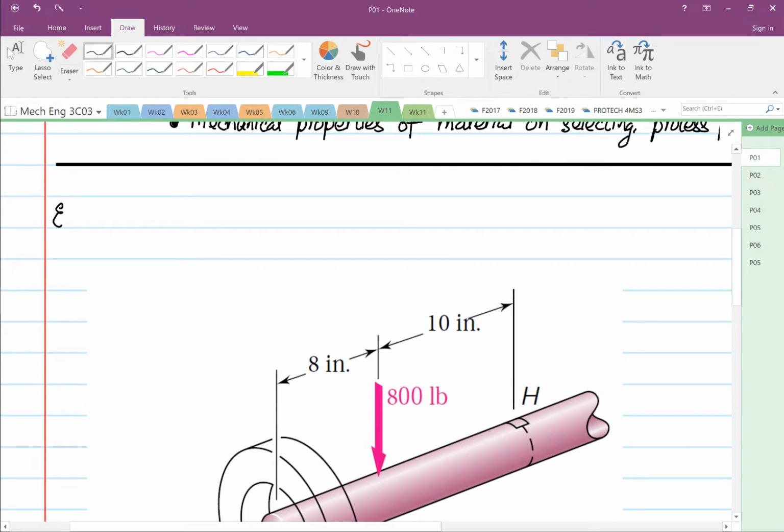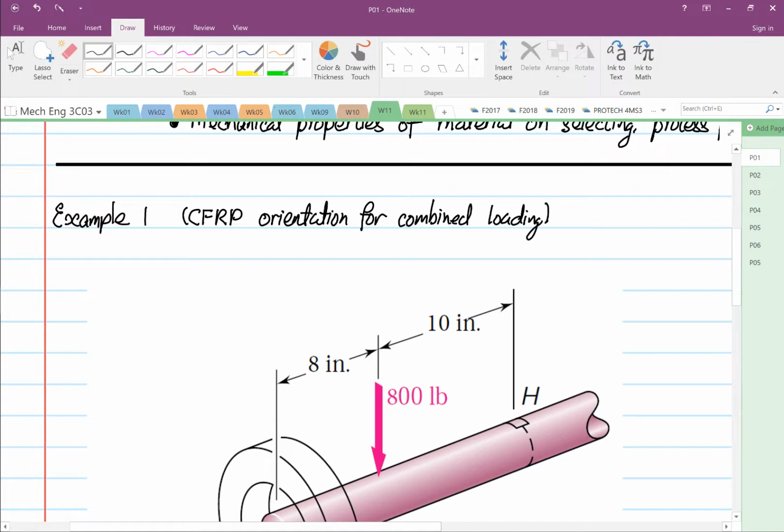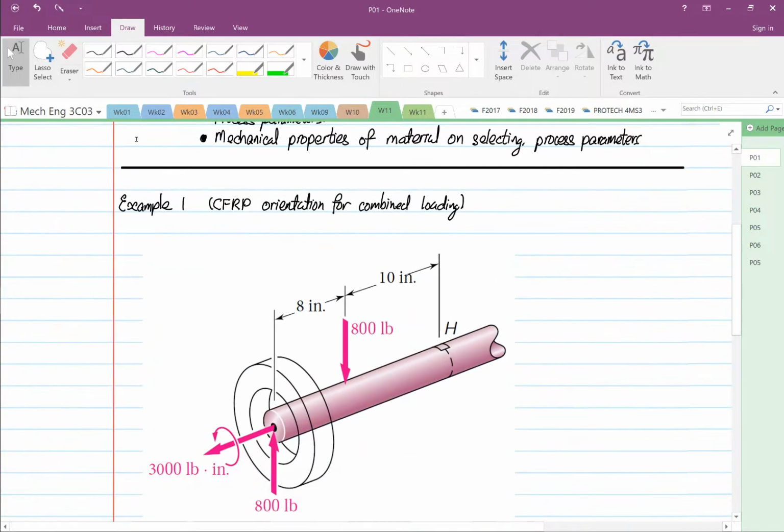So we're going to go into example number 1. It's about carbon fiber reinforced plastic orientation for combined loading. So what you see over here is a shaft, right?